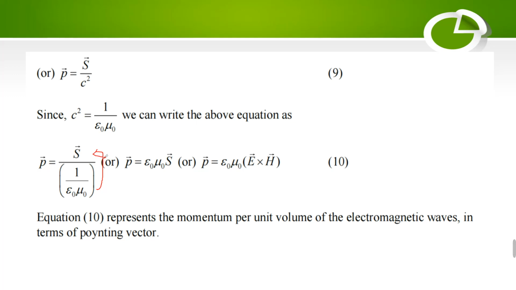So P vector is equal to epsilon naught mu naught into S vector. What is the S vector value? It is E cross H. So momentum P is equal to epsilon naught mu naught into E vector cross H vector, which is the formula that represents the momentum per unit volume of an electromagnetic wave in terms of the Poynting vector. Thank you.